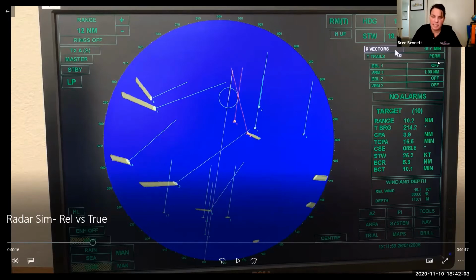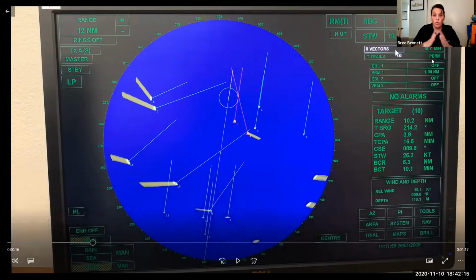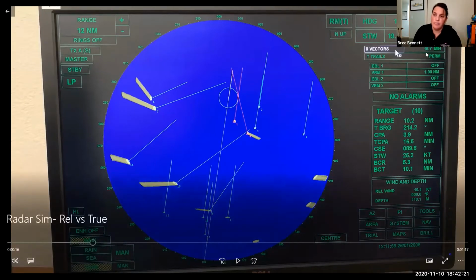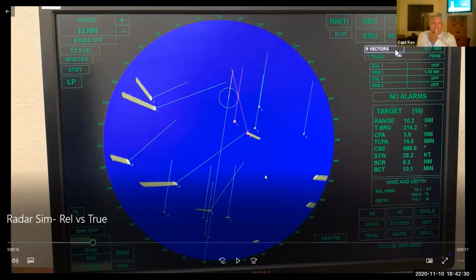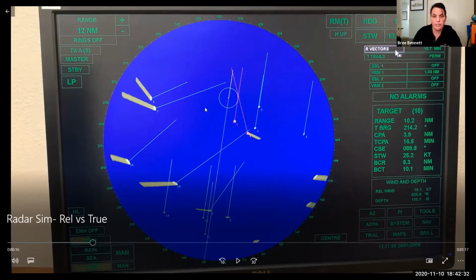You can do 6-minute trails or however long. I like doing it where it's a 6-minute trail or a time, because then you can see which ones are moving faster, which ones are very quick moving and which ones are very slow moving. And then your relative vectors you can change. So here I have it at 16.7 minutes, but you can change it to whatever length you want.